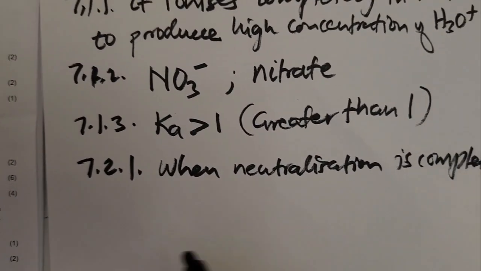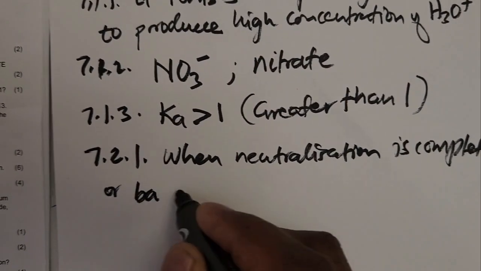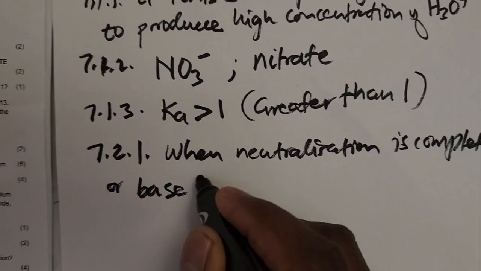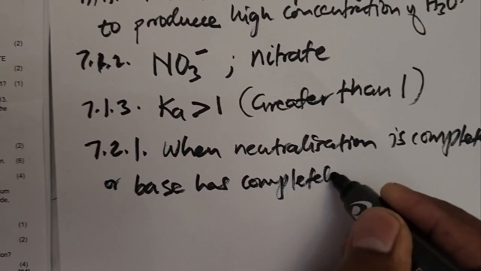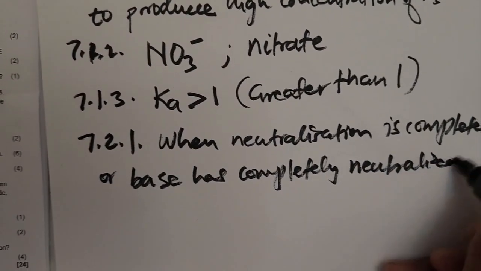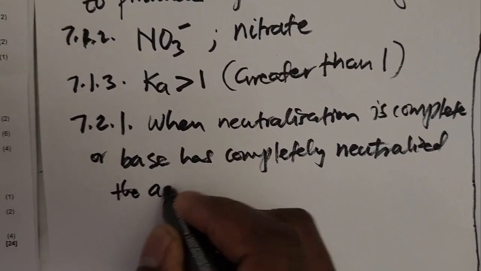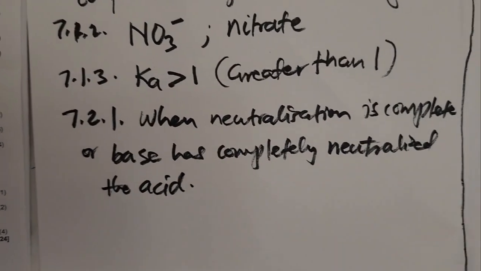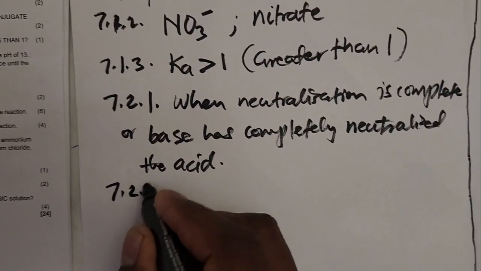Or you can be explicit and say when the base has completely neutralized the acid, or when the acid is completely neutralized by the base. So fine, the bottom line, neutralization is complete there.